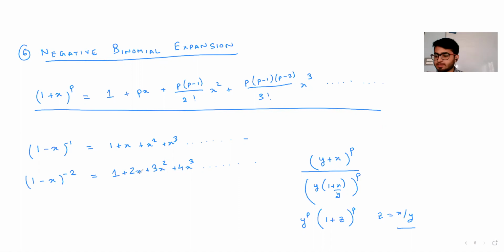And the power of x here is 0, here 1, here 2, here 3, and so on. So the power of x is also increasing in a linear fashion. Or you could also say that x is increasing in a geometric fashion. First it was x to the power 0, then x, then x square, then x cube, and so on. I hope this one is clear. The pattern, if you all can observe, 1 plus 2x plus 3x squared, and so on.